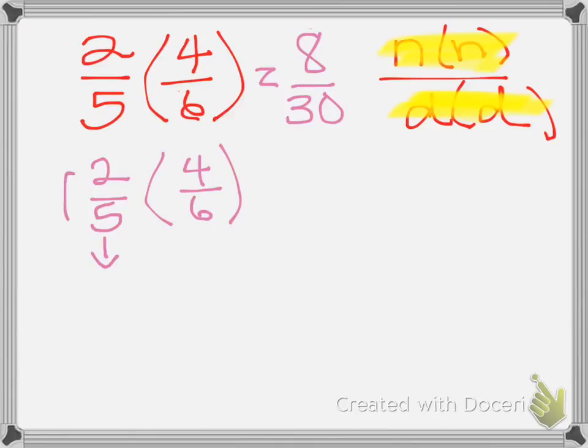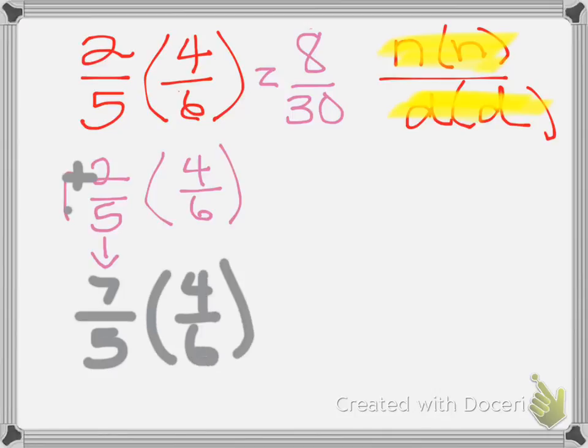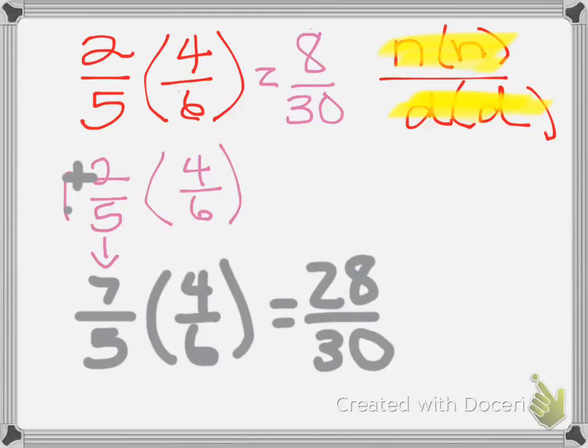So here, if we were to do that, then 5 times 1 is 5, plus 2 is 7, so this would be 7/5 times 4/6. And again, then you can just multiply the numerators, multiply the denominators, and in this case we can simplify because they are both divisible by 2, so we would end up with 14/15 as our final answer.